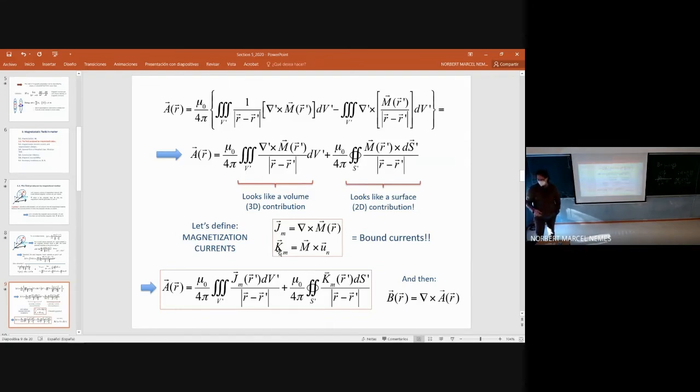And this is the recipe for how to do that. And then, once I have these fictitious currents, I can just use my ordinary formulas. I'm good to go. So these are bound currents. It's the same idea that we introduced with bound charges from the polarization. Remember that the divergence of the electric polarization P turned into bound charges and bound surface charges, right?